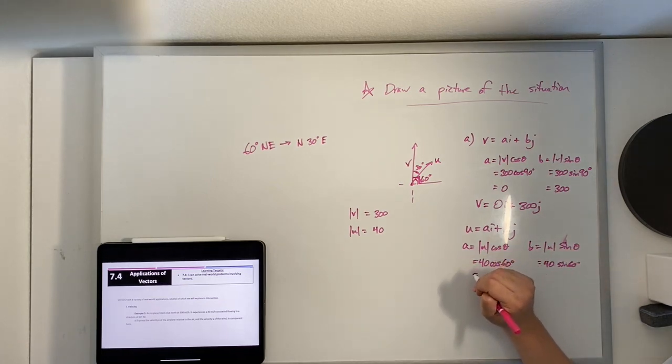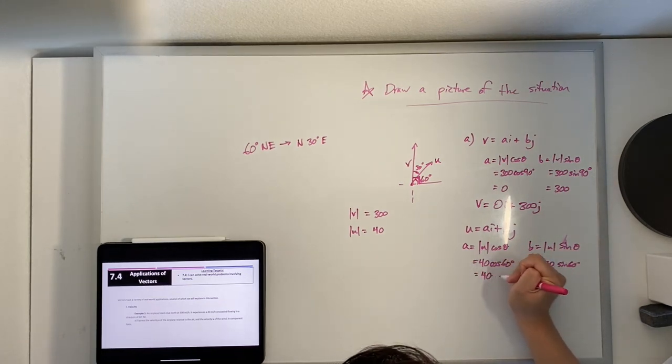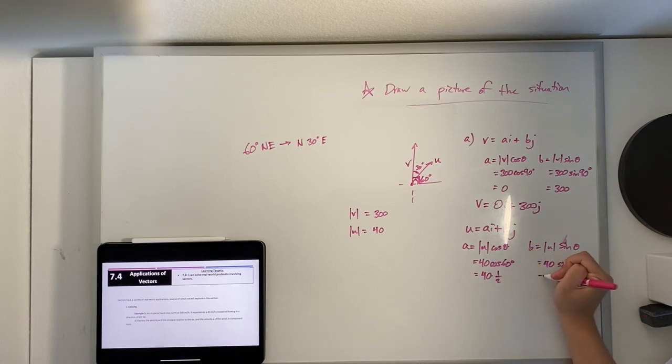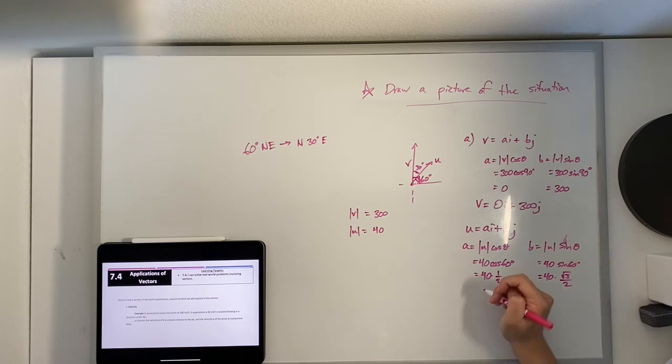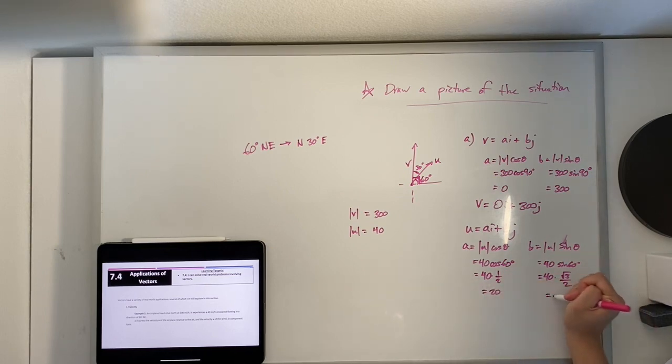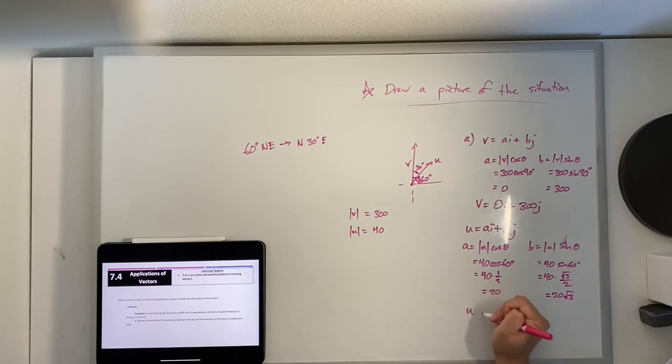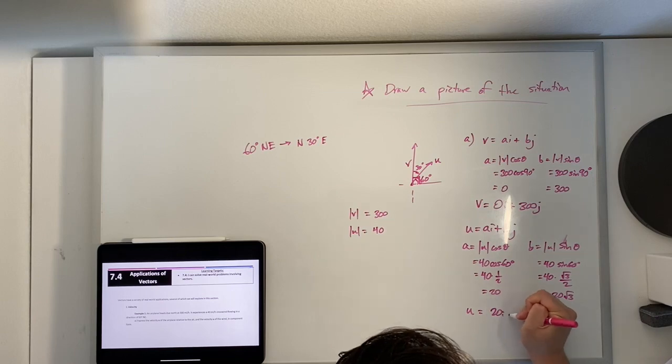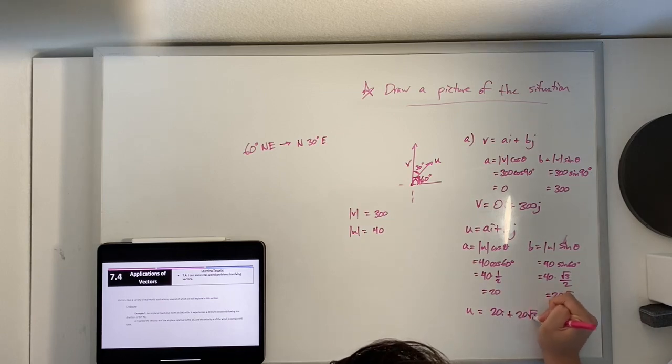What is the cosine of 60 degrees? 1/2. The sine of 60 degrees, square root of 3 over 2. So in component form, the wind's velocity vector is 20i plus 20 square root of 3j.